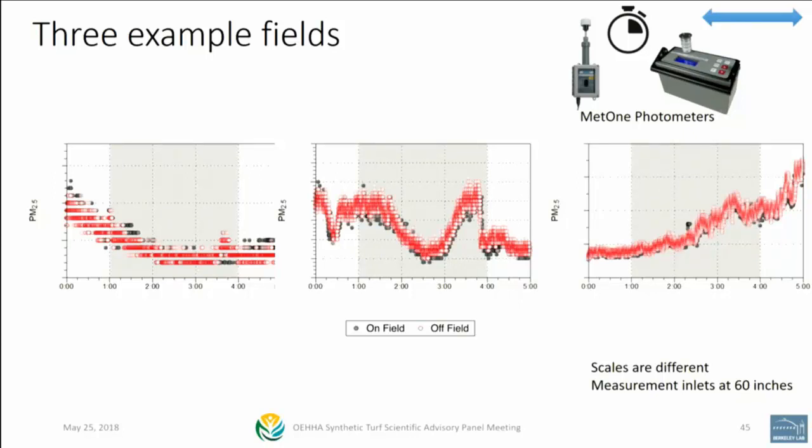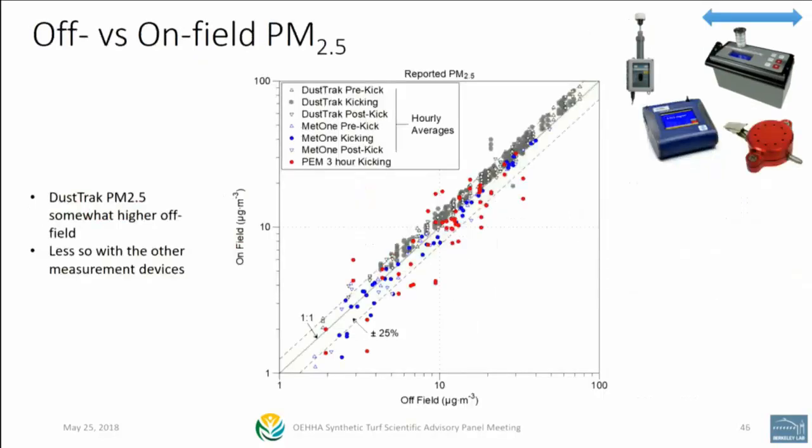The middle figure here shows that things dropped down in the middle of the kicking activity, came back up again, but we were seeing roughly the same on or off the field types of responses from the instrument. And on the furthest right, that figure, it was quite a dirty day, and we see things gradually increasing throughout the day. And we see the same rough numbers on or off of the field.